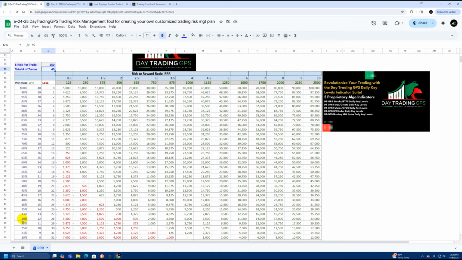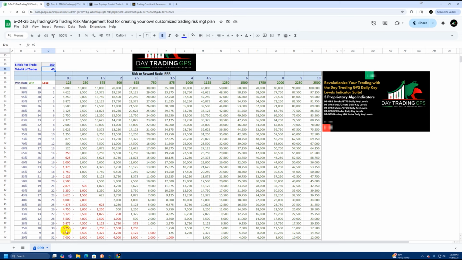Go down one step further at a 30% win-loss ratio. We go over here and we have a 6-to-1 risk to reward ratio, and then we will have $11,000 profit over the 1-month trading period using a 6-to-1 risk to reward ratio.